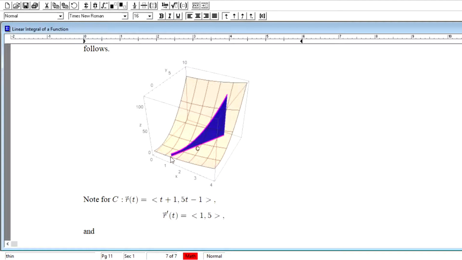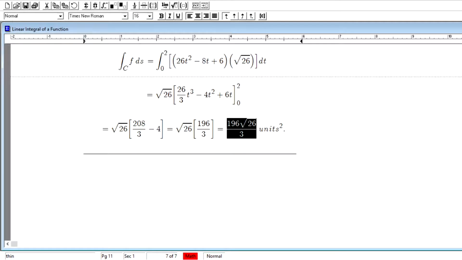There's this area forming, and that area forming has a size described by this calculation seen here.